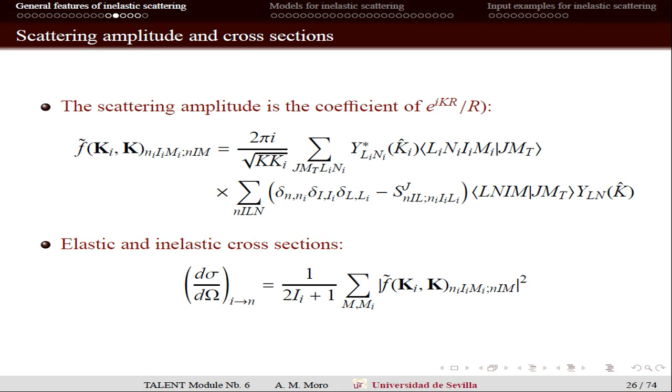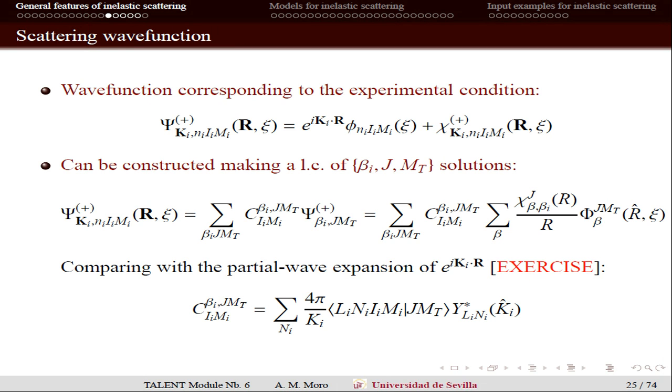So the F, by looking at the asymptotic behavior, the idea is from this expression we single out the plane wave, so the remaining part should be the scattered wave. So we look at the scattered wave and we see how it behaves asymptotically.